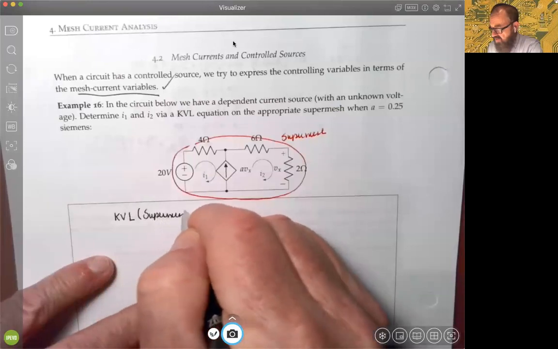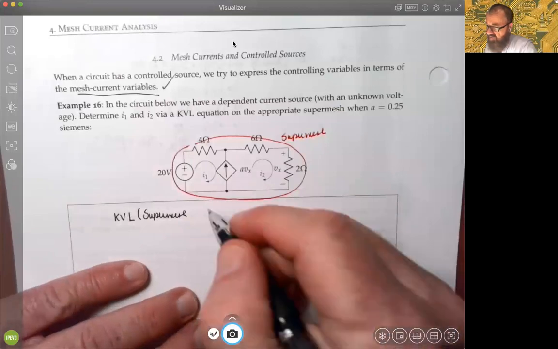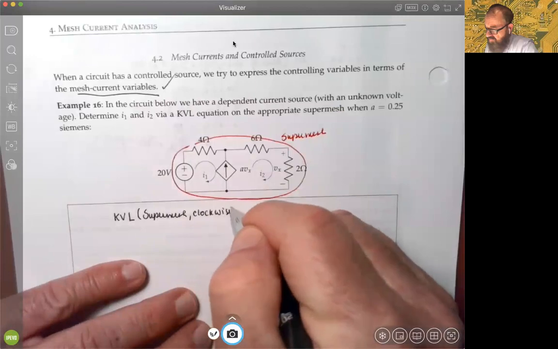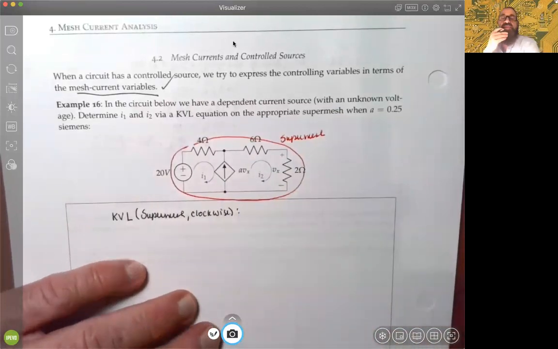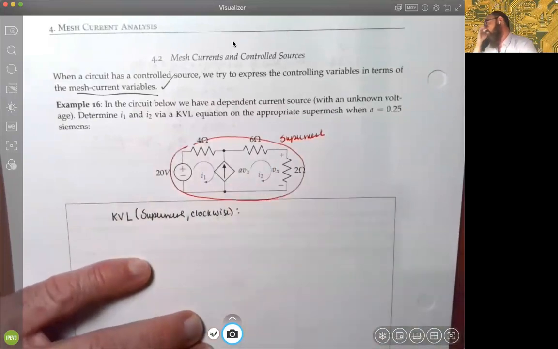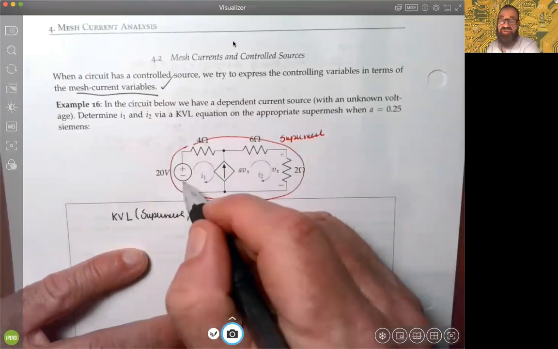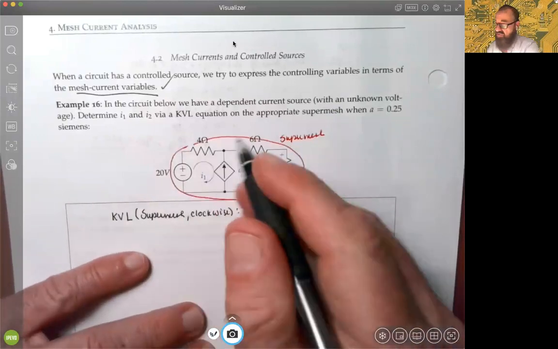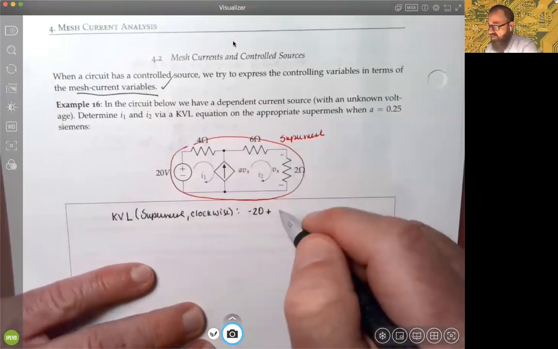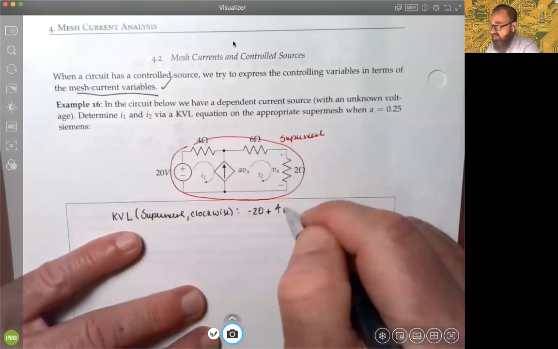We should be getting really good at this. And let's go clockwise. Okay. So if we're doing KVL around the super mesh, going clockwise, looking at voltages, we're coming in the negative polarity of this voltage source, so minus 20, plus the 4 resistance times the current through it, which has got to be the mesh current I1.